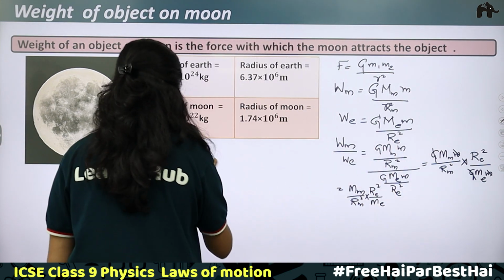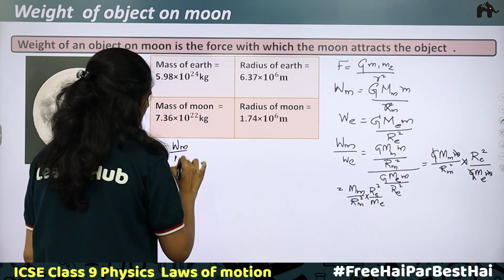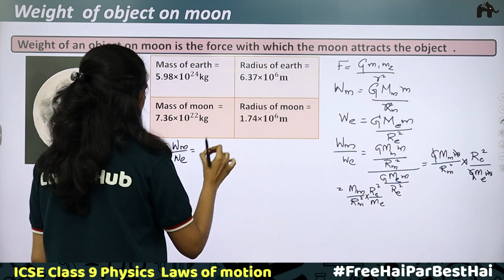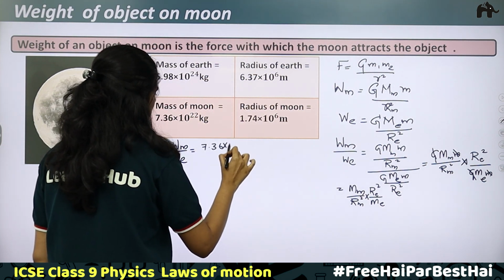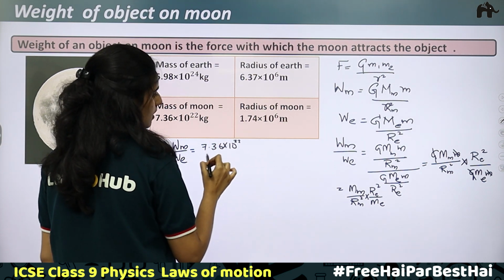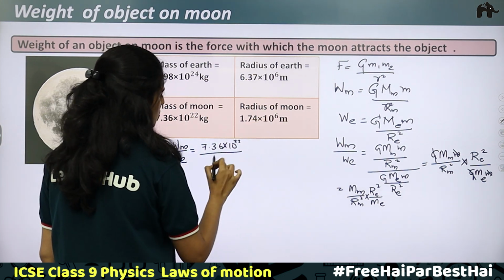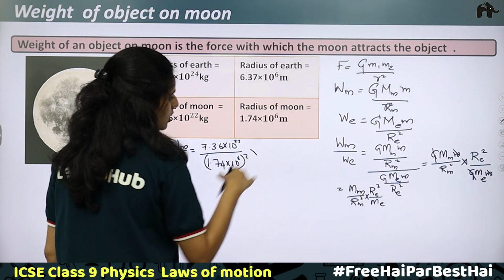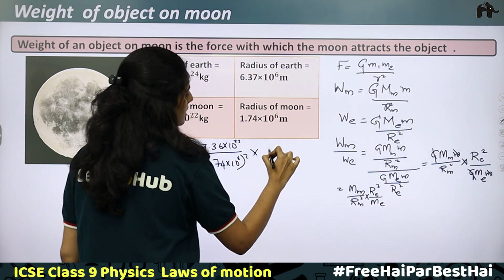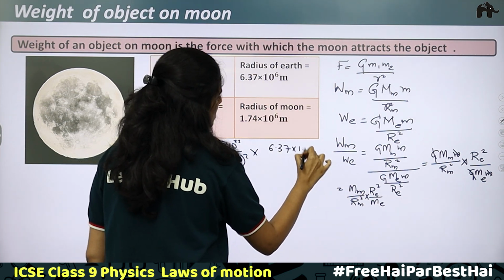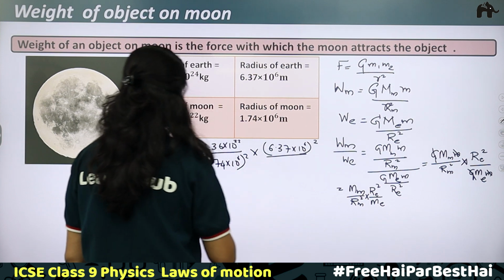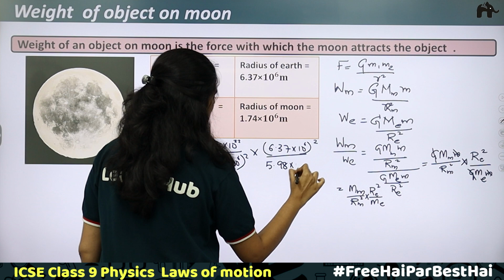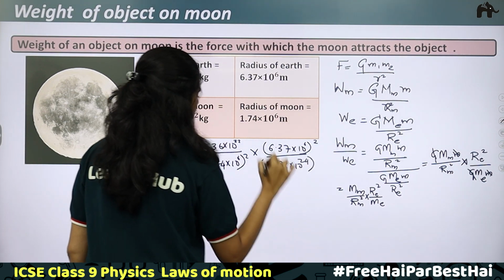Next, putting the values, Wm by We is equal to mass of moon, 7.36 into 10 raised to 22, divided by radius of moon square, that is 1.74 into 10 raised to 6 whole square, into radius of earth 6.37 into 10 raised to 6 whole square, divided by mass of earth, 5.98 into 10 raised to 24.